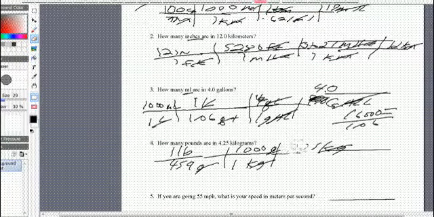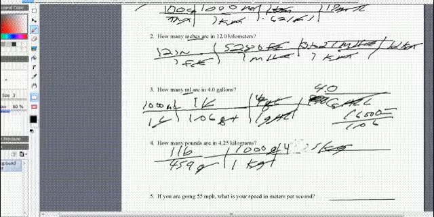Clean that up. Bring that brush back down. Back to my pen. I'll make this a 4.25. Cool. Alright.